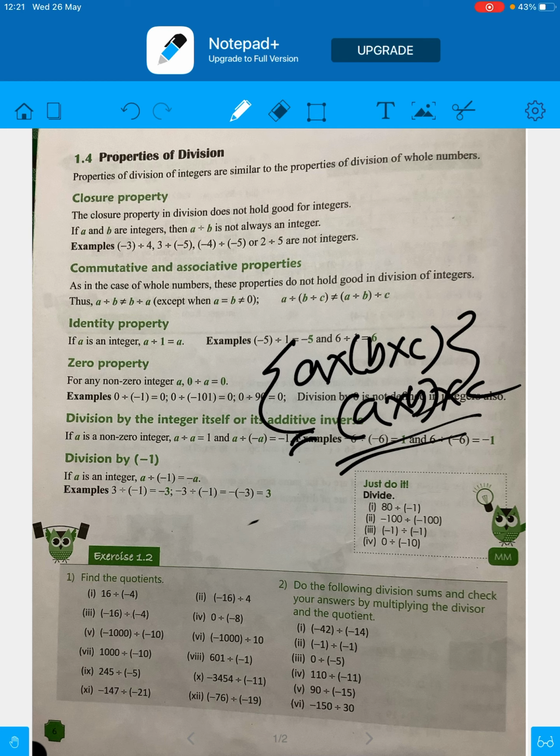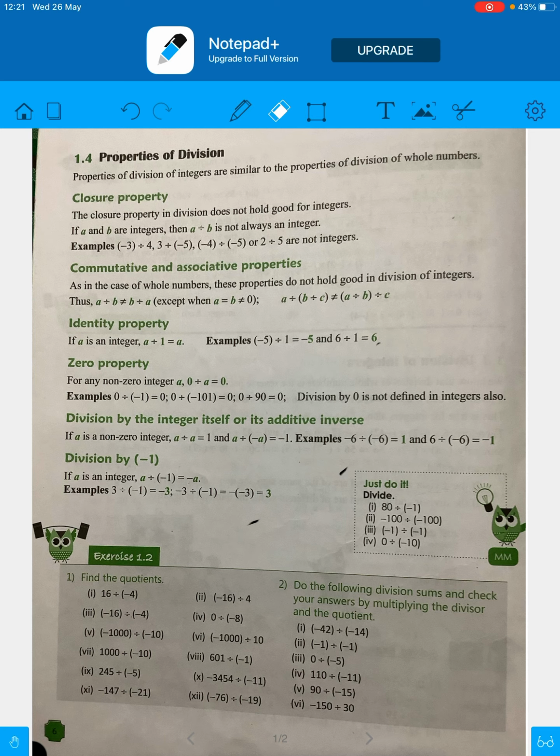Like this we can write in case of multiplication. But this doesn't hold good in the case of division. We can't write a divided by b divided by c is not equal to a divided by b divided by c with different grouping. Let me take an example for this.